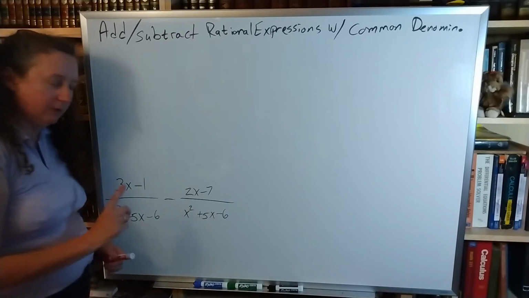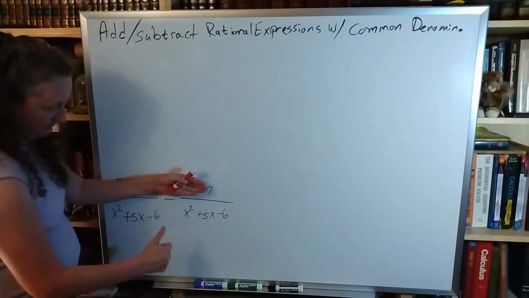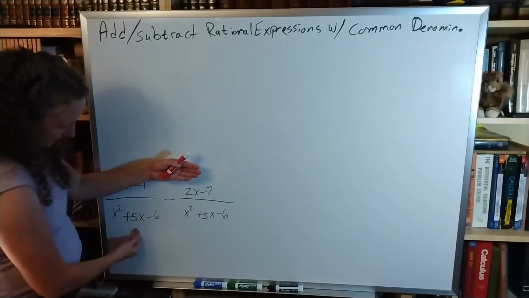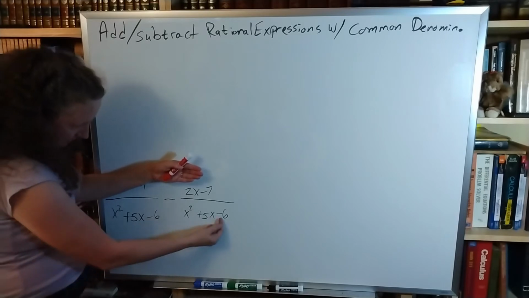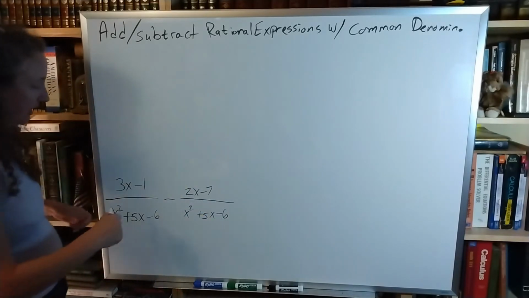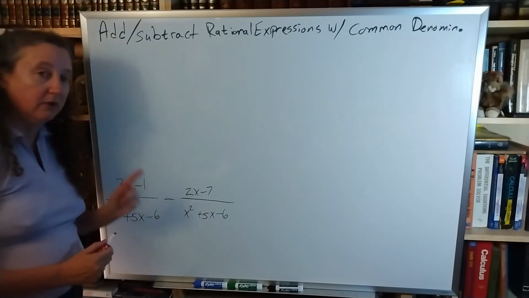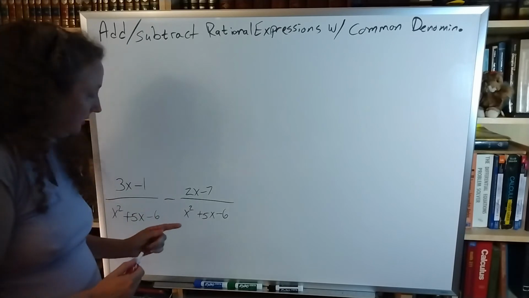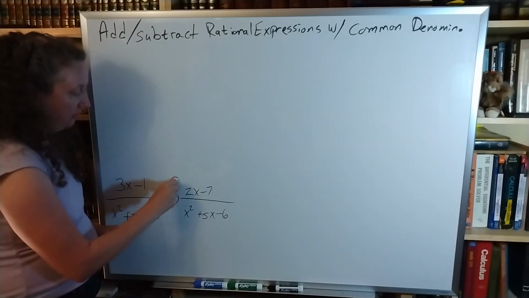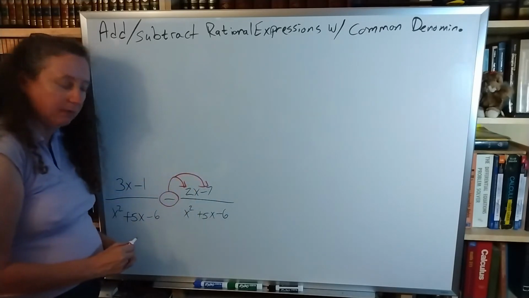With this, first thing I check, do I have the same denominator? Yes. x squared plus 5x minus 6. It's all good. Now I can take my subtraction here, and I can just subtract. Something to pay attention to with this, very important here. This minus sign needs to be distributed in to each of those terms.